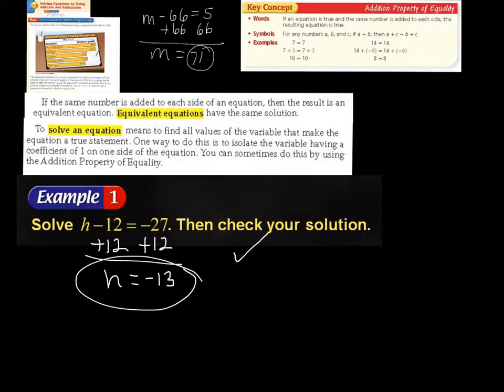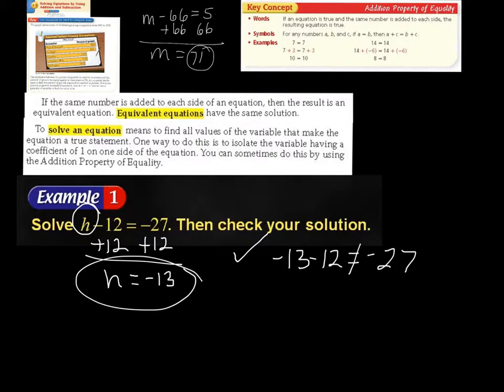So I'm going to substitute the negative 13 back in where h was in the very original equation. So negative 13 minus 12, does it equal negative 27? Oh, no, it does not. That would equal negative 25. Something's wrong.